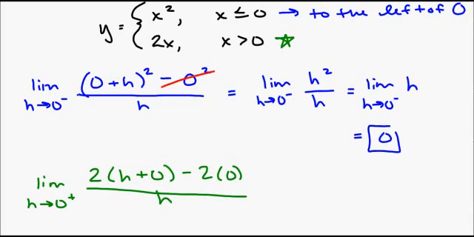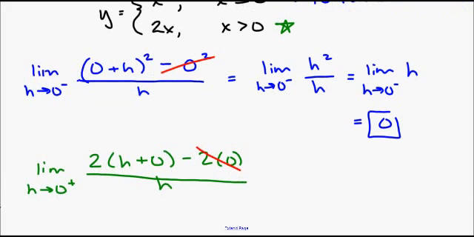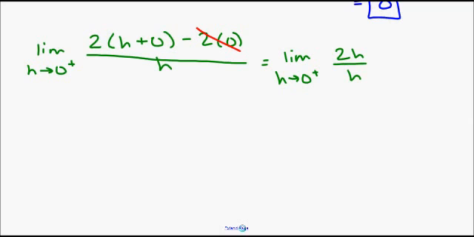Okay. And I can simplify this. I know that 2 times 0 is going to go away, and h plus 0 is really just h. So this is the limit of h approaching 0 from the right of 2h over h. And these cancel. So I have the limit h approaching 0 from the right of 2. When I take the limit, I have the limit of a constant, which is always itself. So this is a 2.